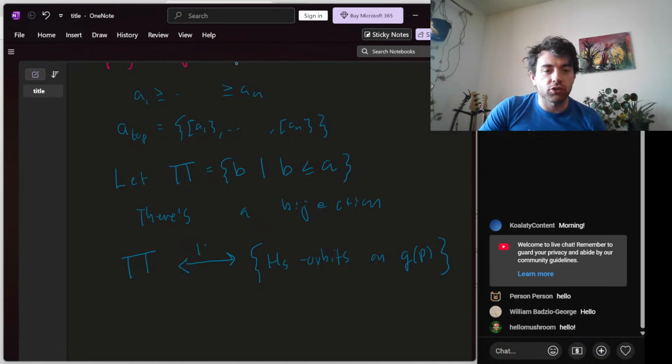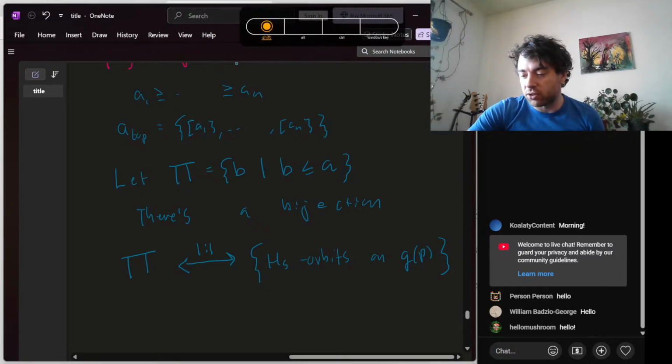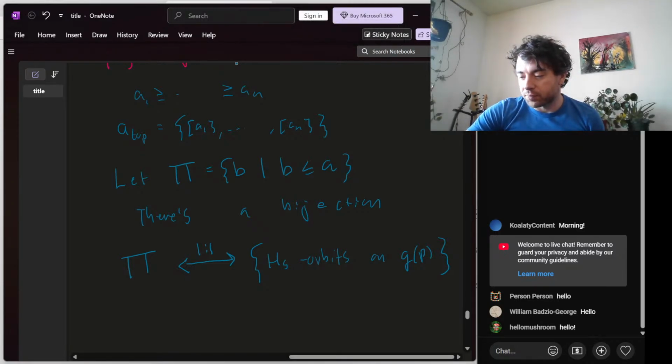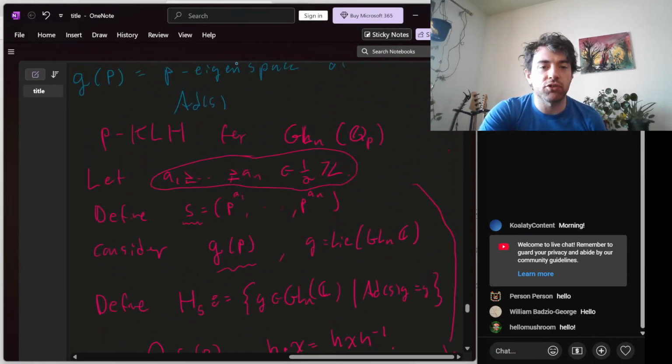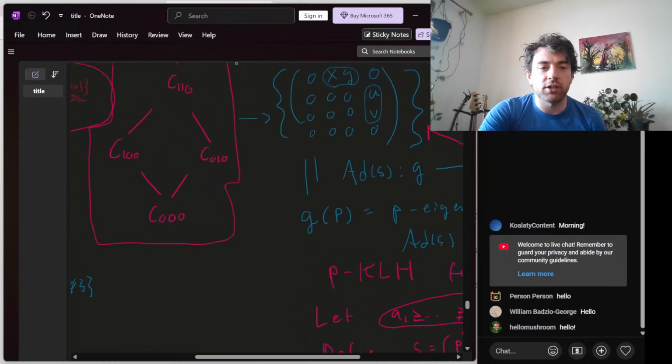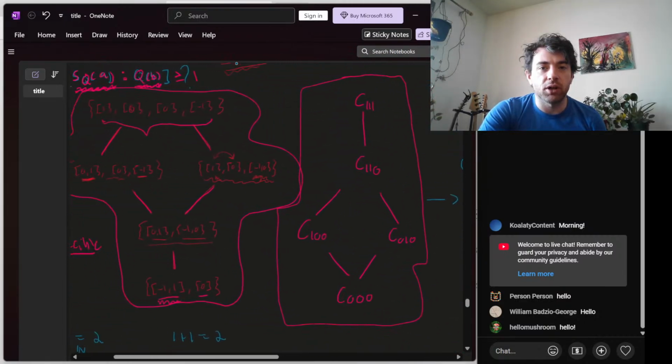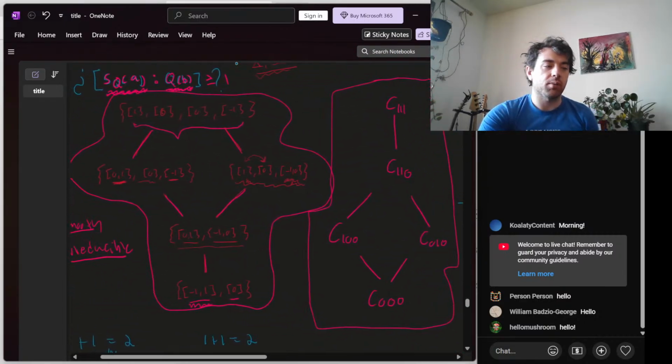So there's a bijection between these two things. I haven't explained why this ought to be true, but I'm articulating a general phenomenon that captures this example that we computed.